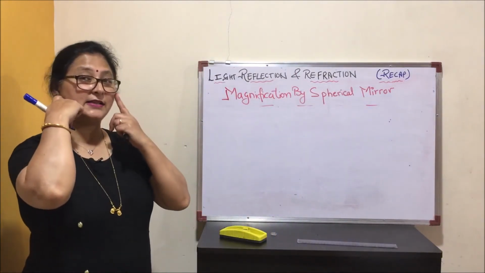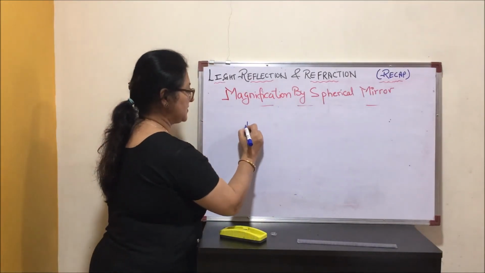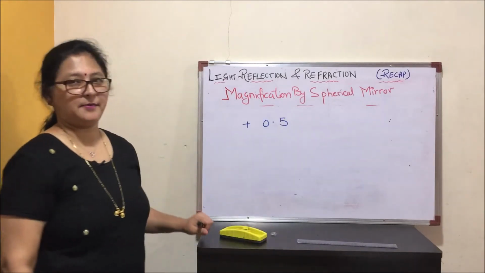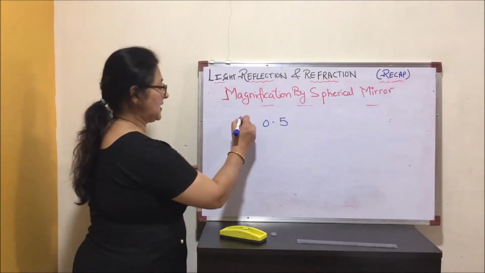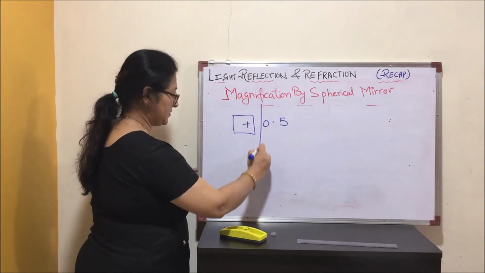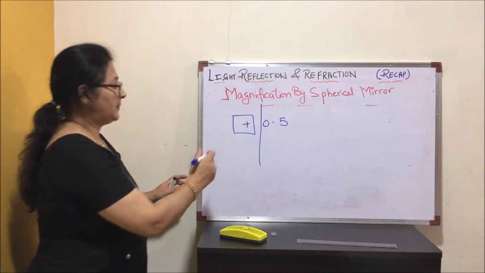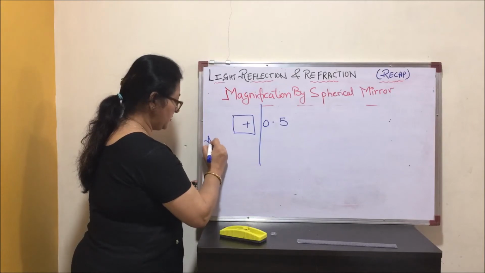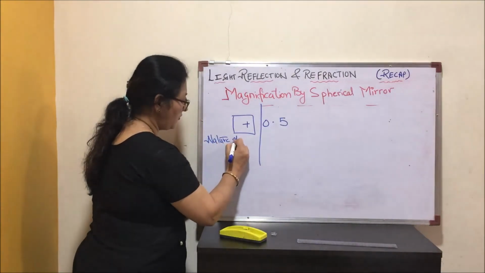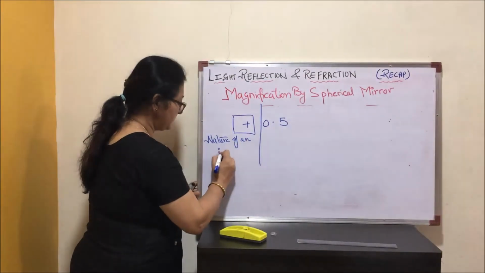So the next one, if I write plus 0.5. Now what did you understand by this? The plus sign, we need to break this into two parts. The plus sign stands for nature of an image.